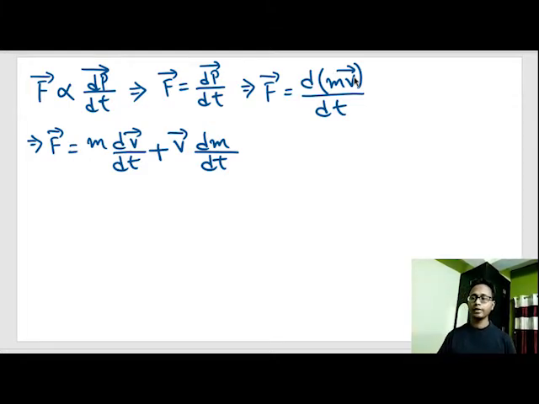Okay, now there is an important concept out here. Usually for most of your bodies, the mass remains same. That means when you apply a force, it is not changing its mass. The mass of the body remains same.